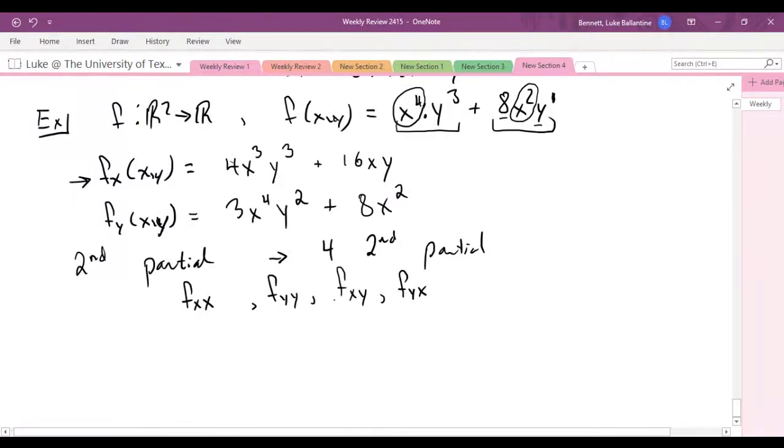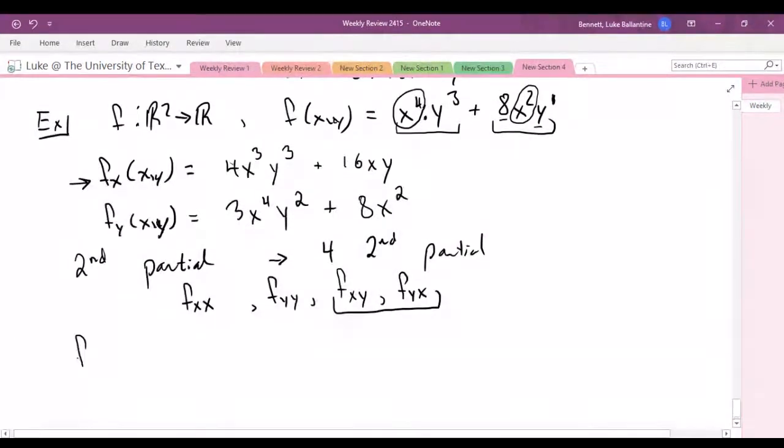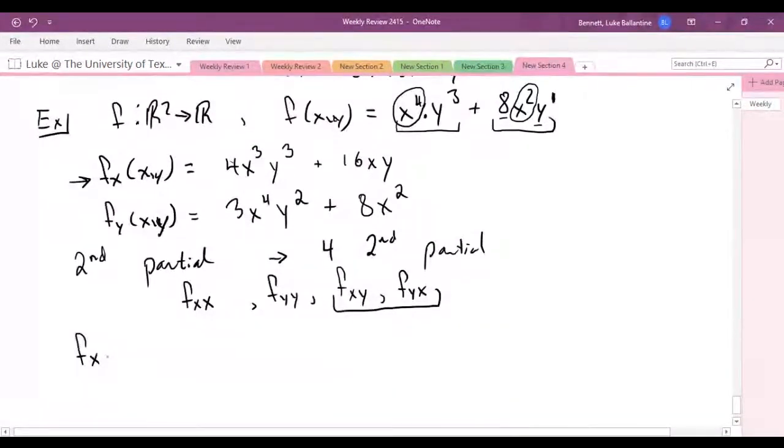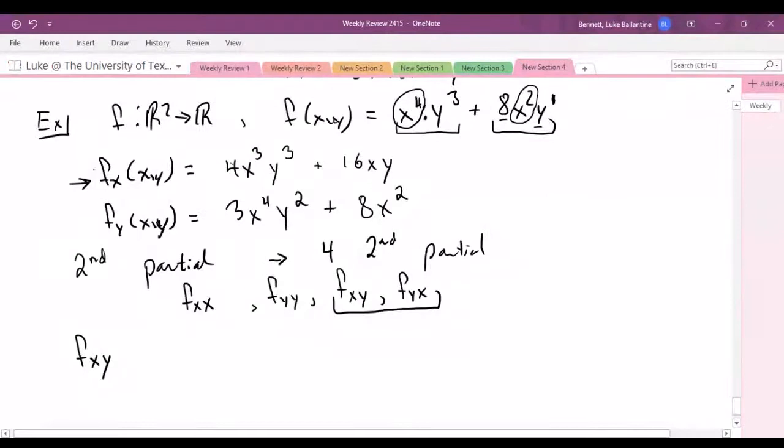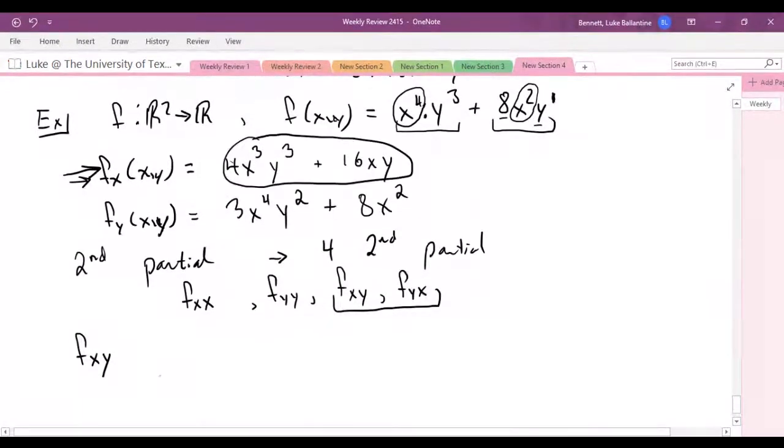So let's calculate these two in particular. So let's take f sub x and then differentiate with respect to y. So take this right here, differentiate with respect to y. What do we get?